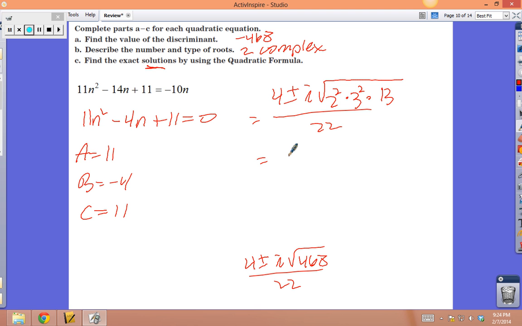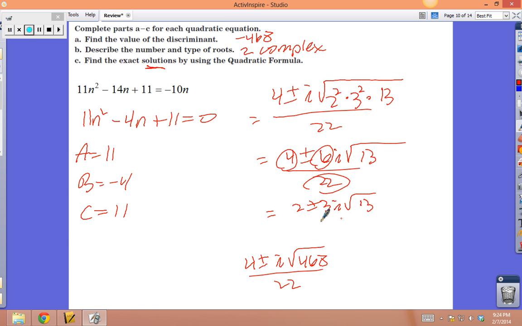I'm going to have 4 plus or minus, a 2 comes out, a 3 comes out. So that is a total of 6 imaginaries on the outside. Underneath 13 over 22. A 4 and a 6 and a 22, all divisible by 2. So final answer is 2 plus or minus 3 imaginaries times the square root of 13 all over 11.